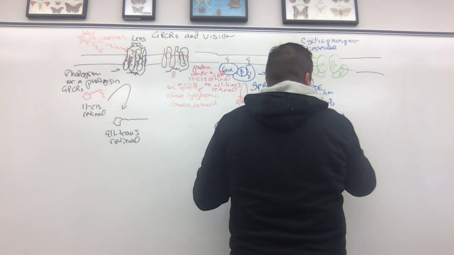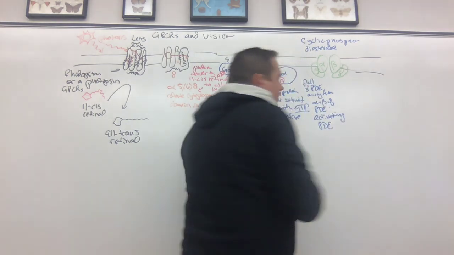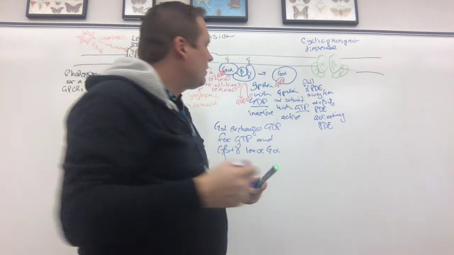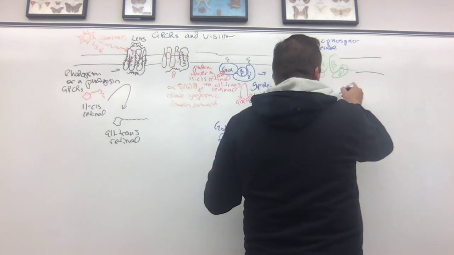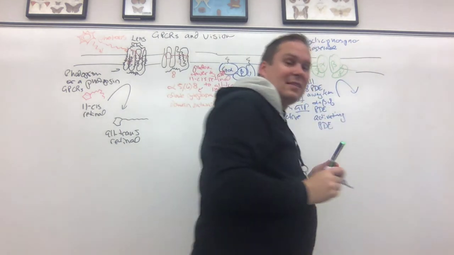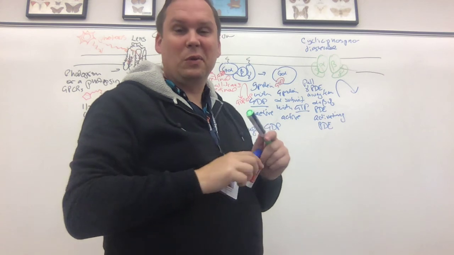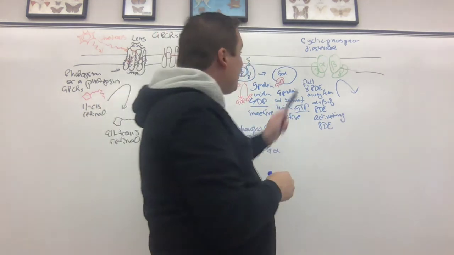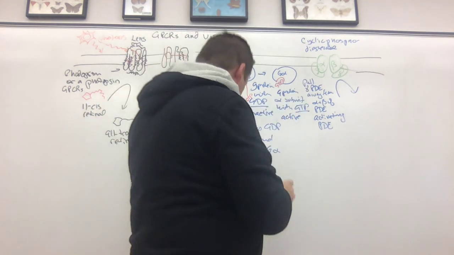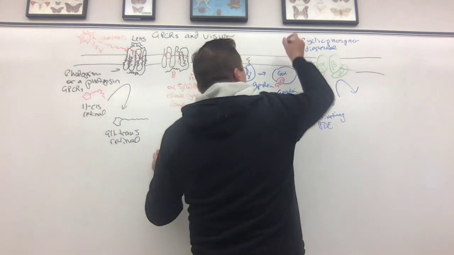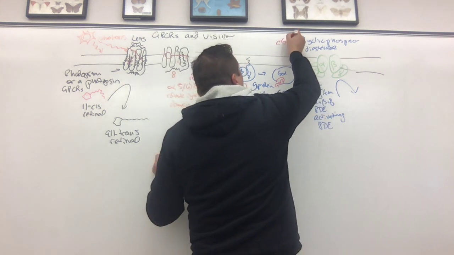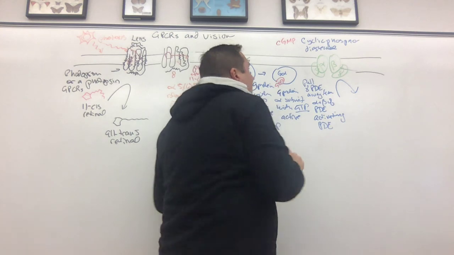Activating the phosphodiesterase. There we go. Fine. And so what's phosphodiesterase going to do? Why, it's going to do what it always does. It's going to take cyclic nucleotides and turn them into no longer cyclic nucleotides. This particular phosphodiesterase is going to be a cyclic GMP phosphodiesterase.